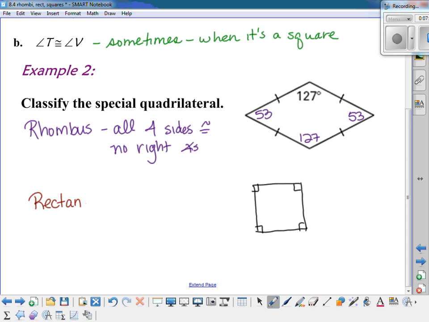Now, some of you might have been tempted to say it was a square, but I did not mark the sides congruent, even though I drew it kind of looking like they were congruent. All that's marked is that we have 4 right angles. It does not say that the sides are marked congruent, so sides are not marked as congruent.